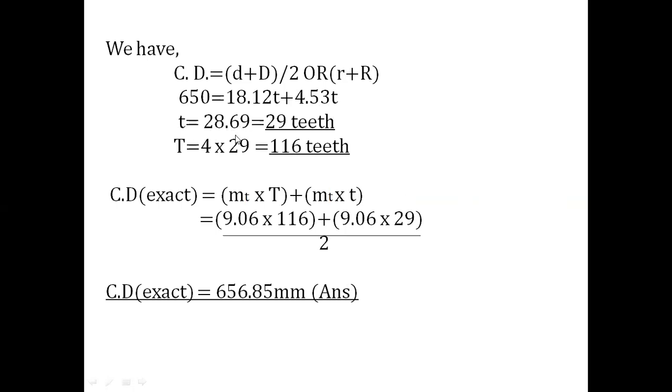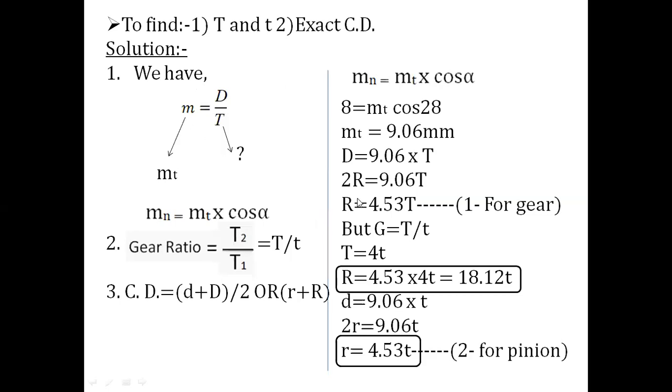After solving this equation, we are getting the value of small t as 28.69. But this is a decimal value and the number of teeth must be an integer value. So rounding off, we are getting 29 teeth. Putting that value 29 in the gear ratio formula, G is equal to capital T by small t.